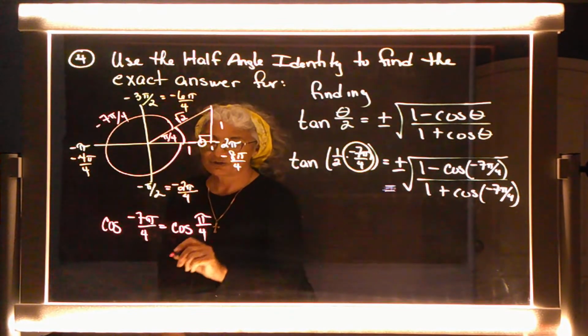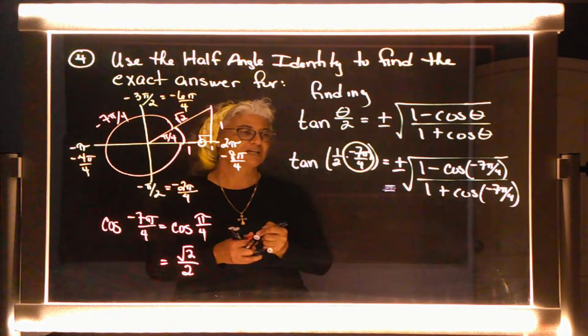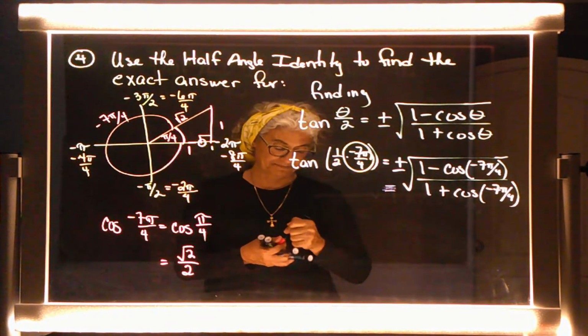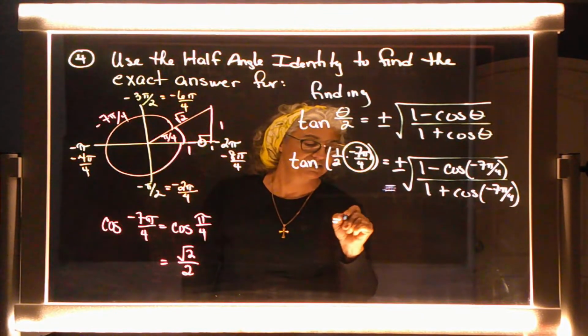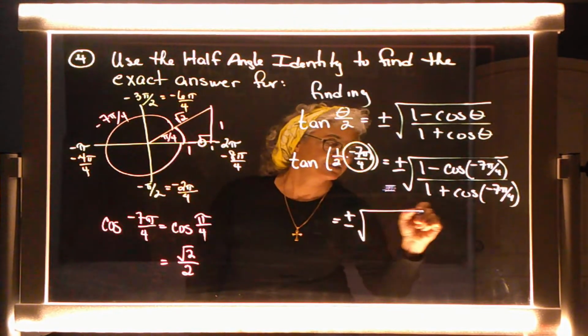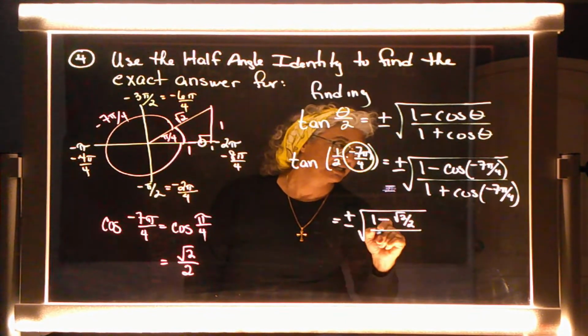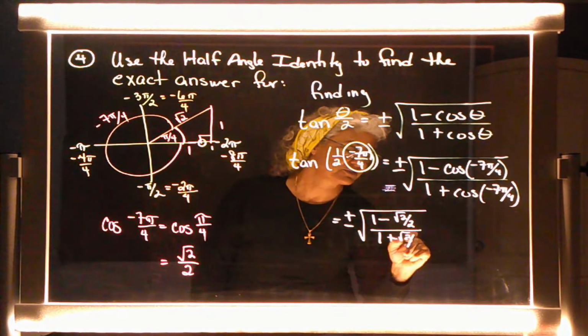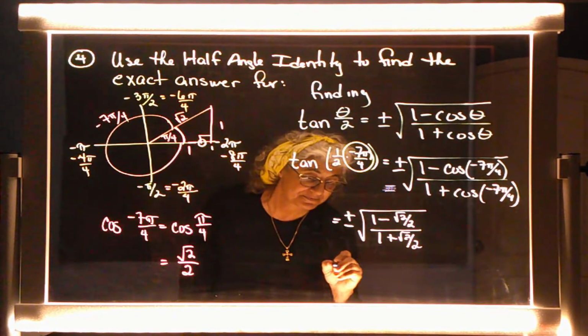Okay, so what is this? Square root of 2 over 2, isn't it? So let's get back over here. We have plus or minus 1 minus square root of 2 over 2 and 1 plus square root of 2 over 2. You got to add fractions.